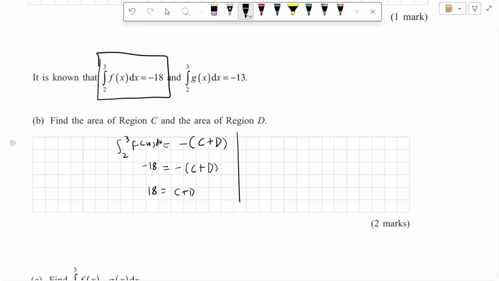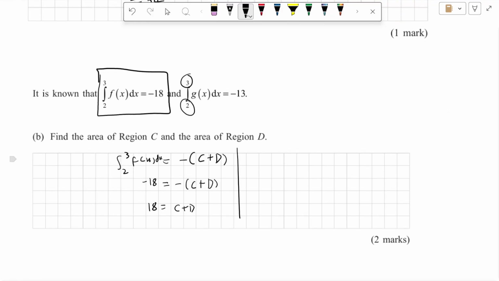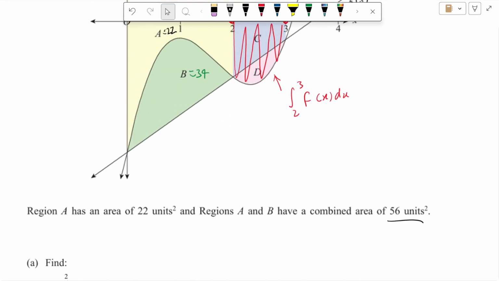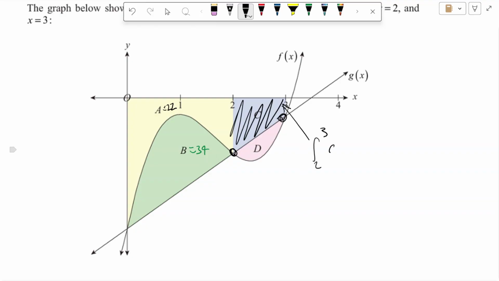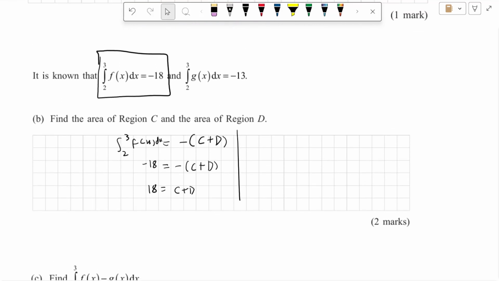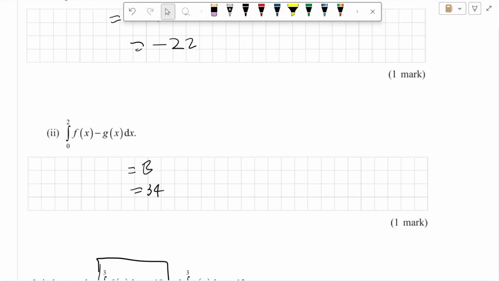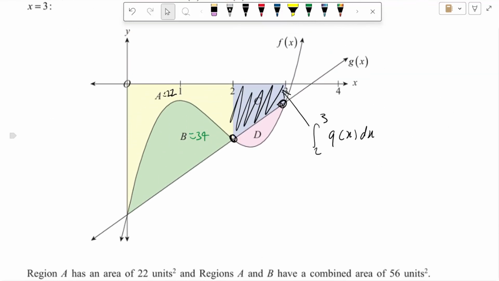Okay. Next, integral from 2 to 3 of g is -13. So let's see what that looks like. If we got g, it's that straight line. So there to there, we're looking at that. That black area is the integral from 2 to 3 of g. Well, at least the negative version of that. So that tells us, what was that area? -c.